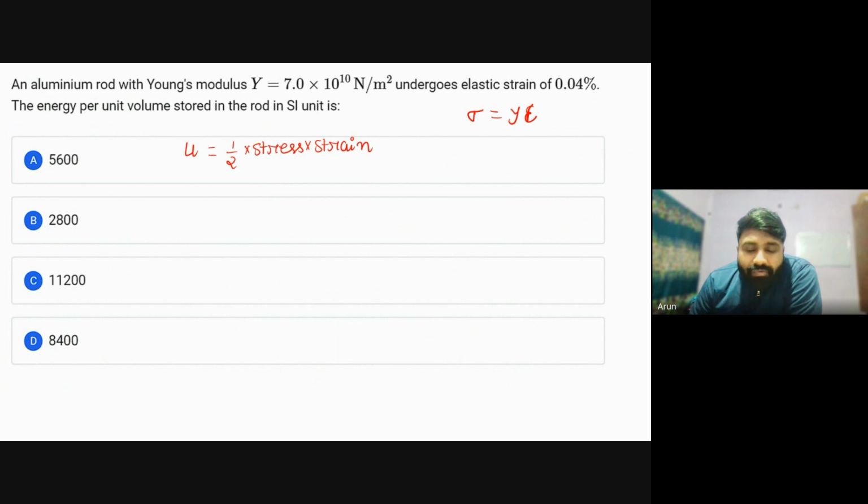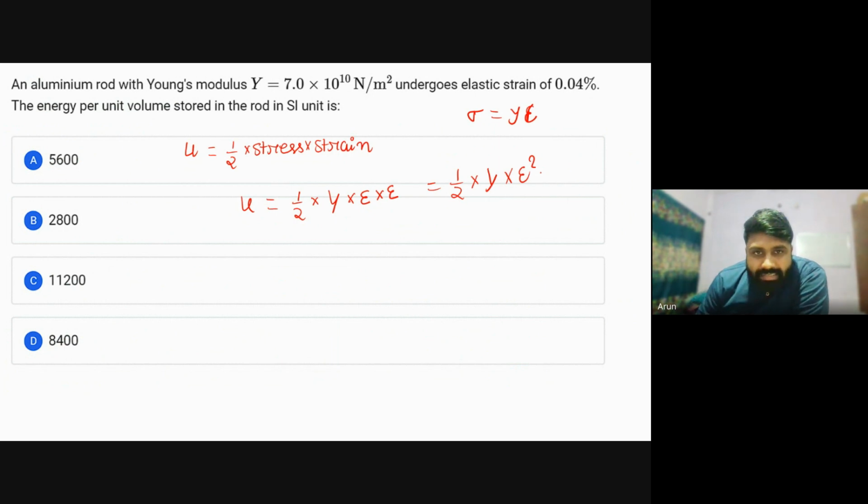Y is given to you. If you put the value, 1/2 times stress will be Y times epsilon and strain will be epsilon. So it will become 1/2 times Y times epsilon square. Now we need to calculate epsilon. The elastic strain is given to you as 0.04%.